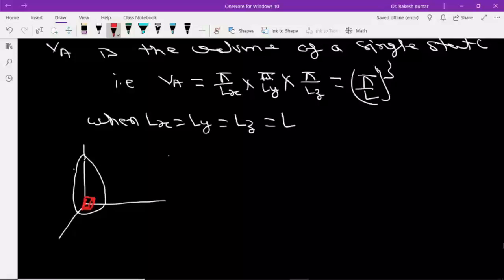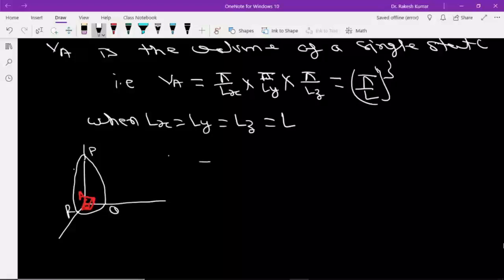This is the minimum volume that can be had by an electron. Here I write 3 points P, Q and R.